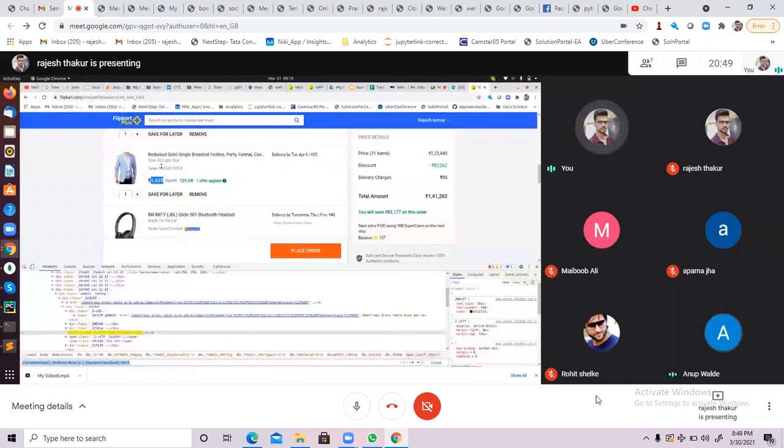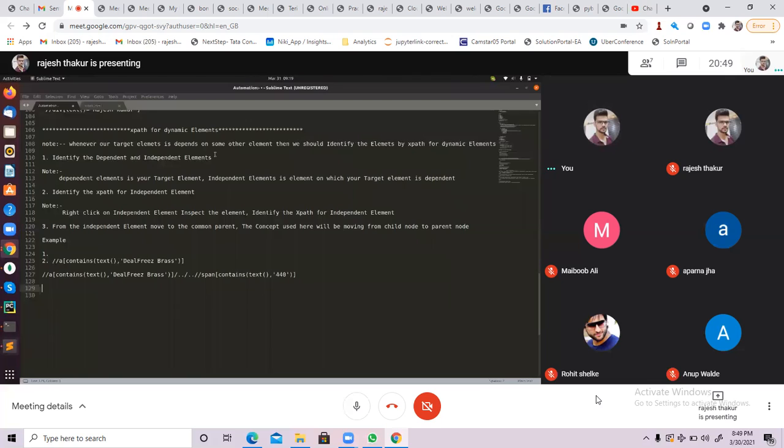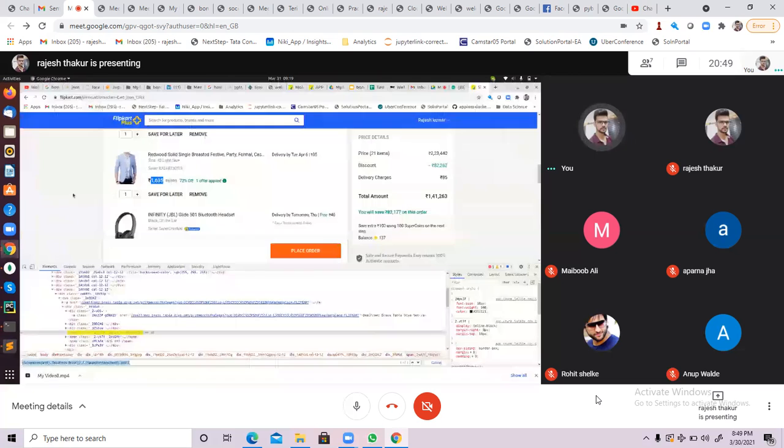This redwood, whatever it is, this title, is an independent element, and the price is dependent. So our first task is done. Now identify the XPath for the independent element. What is the independent element here? This title. Let's try to identify this as well.